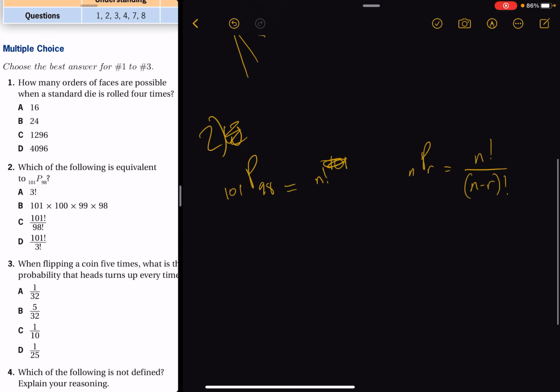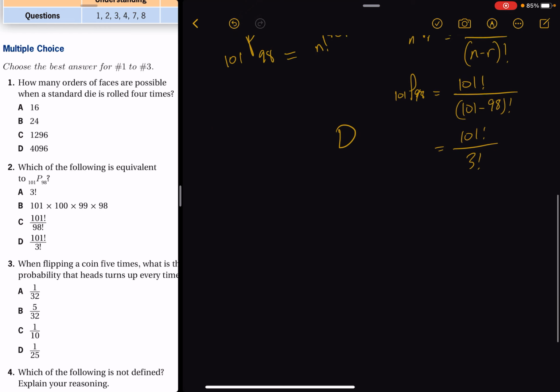So if n is 101 and r is 98, then that's equal to 101 factorial divided by 101 minus 98 factorial, which is equal to 101 factorial over 3 factorial. Do we see that anywhere there? Yes, we see it at D.